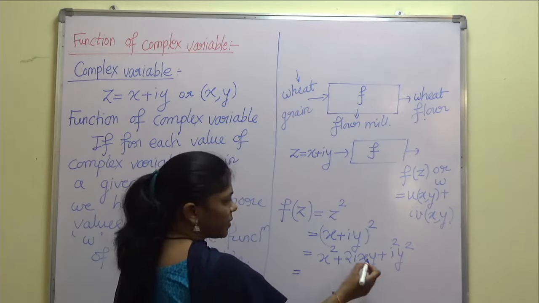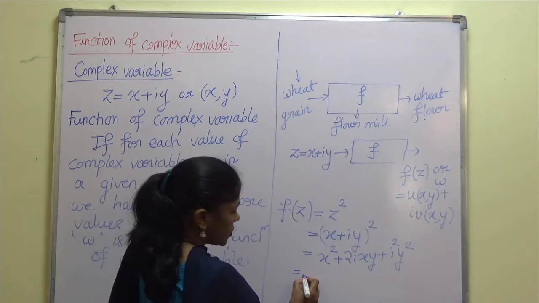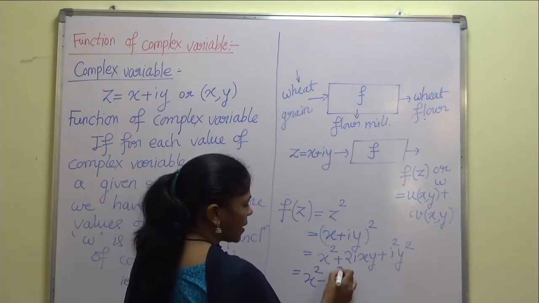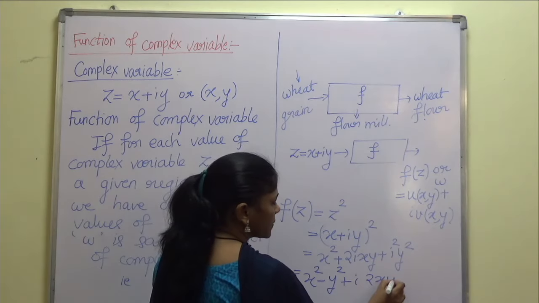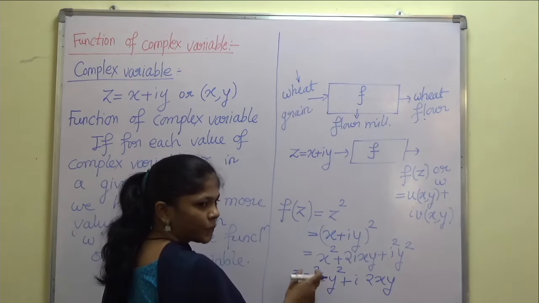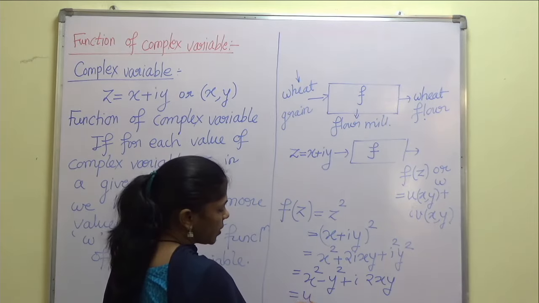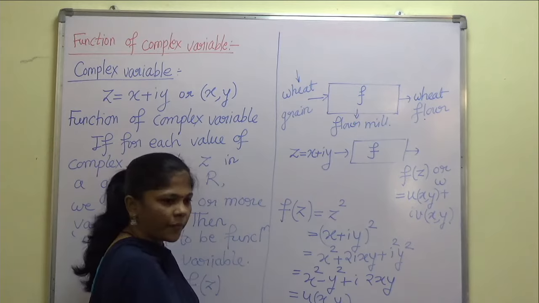So this becomes minus y square. Let us collect the real part, meaning the terms not containing i. So it is x square minus y square, plus i times 2xy. This first part is completely real, not containing i, so this is the real part. I can denote it as u of xy. You will find that this is a function of x and y.